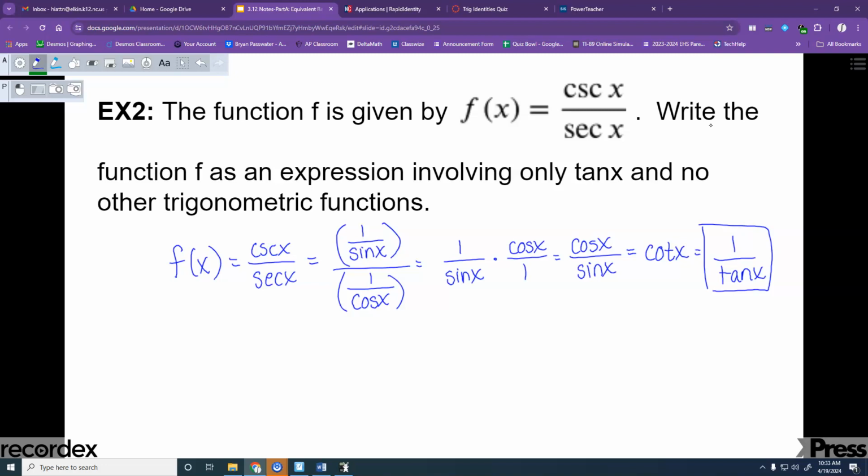That usually is what you want to do. You want to do all sines and cosines, and then towards the end, it's going to start simplifying into something where, if it's asking for tangent, you could change it to tangent. All right, so this is not solving an equation. It's just an equivalent expression that you're looking for. Any questions here?